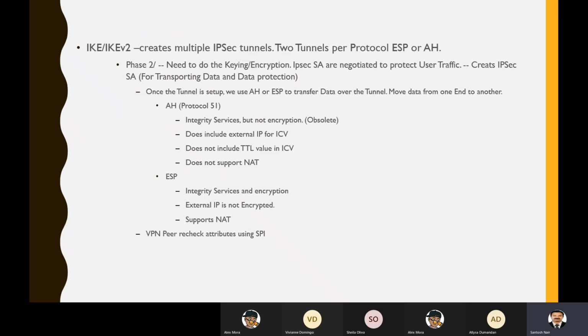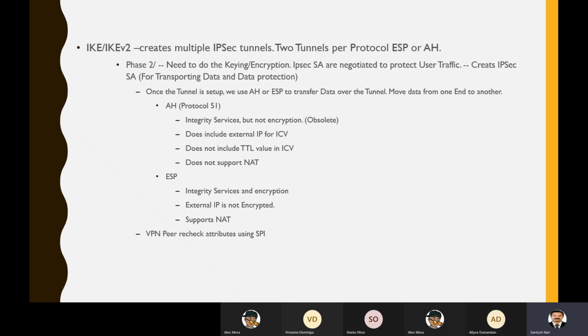So in phase 1, first of all, the security parameters are exchanged. In phase 2, where the data is being sent, there will be two tunnels, one for sending and one for receiving. And again, this tunnel is being formed using AH or ESP, authentication header or encapsulating security payload. We can go through what is ESP and what is AH.